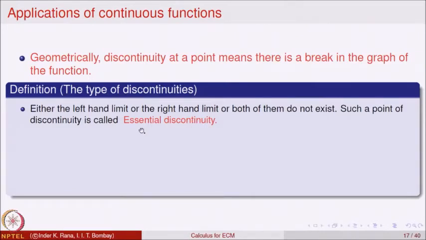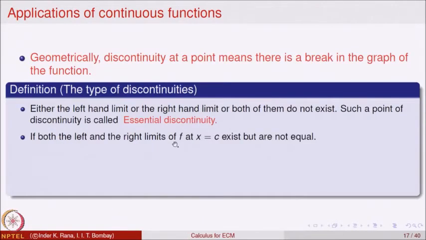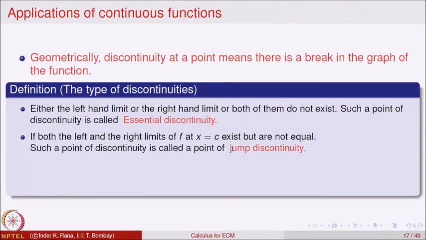So, this is called an essential discontinuity when at least one of either the left or the right limit does not exist. The other possibility is both the left and the right limit at the point x equal to c exist, but are not equal. That will also imply that the limit does not exist.